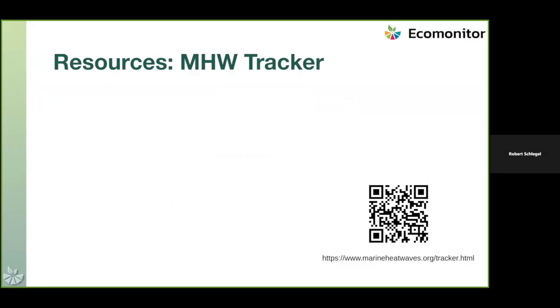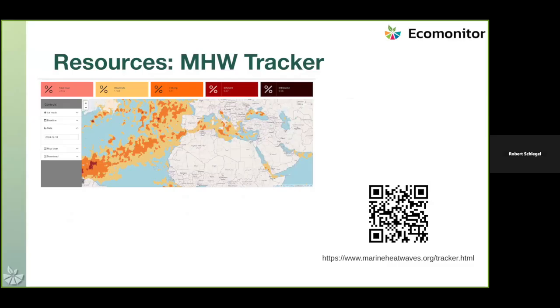If you're not interested so much in the definition and how that looks, if you would rather just access the results that are already calculated daily, you can go to the Marine Heatwave Tracker. There's the QR code in the bottom corner and the URL if you don't want to use a QR code. This provides daily maps from now.